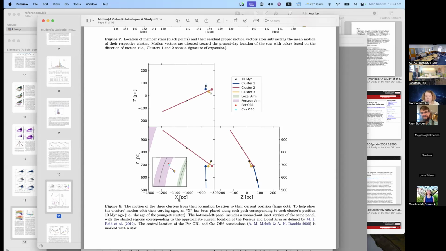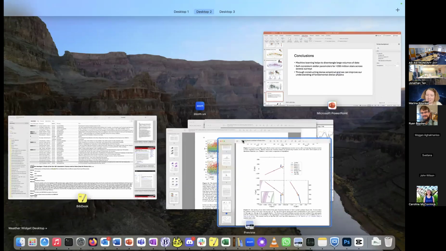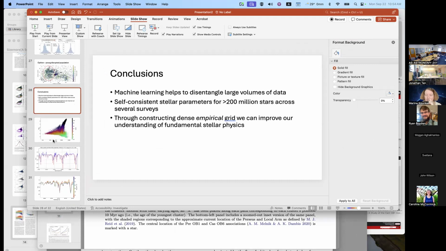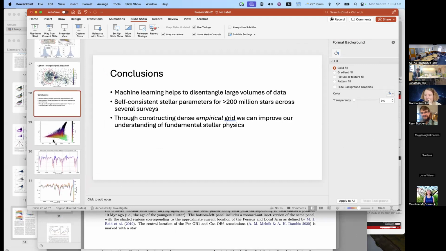At the same time, you're training assuming the MIST models are right. So maybe that's one aspect we can think about. But then, more generally, are people developing stellar evolution models that predict the spectra?